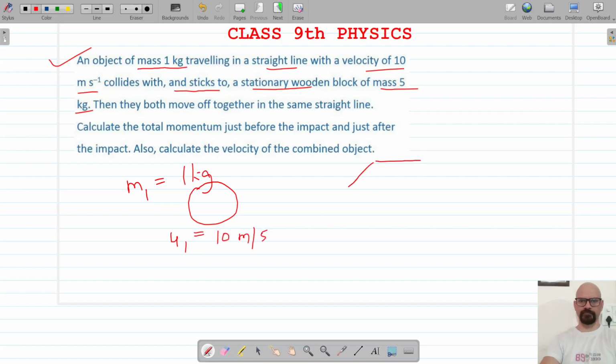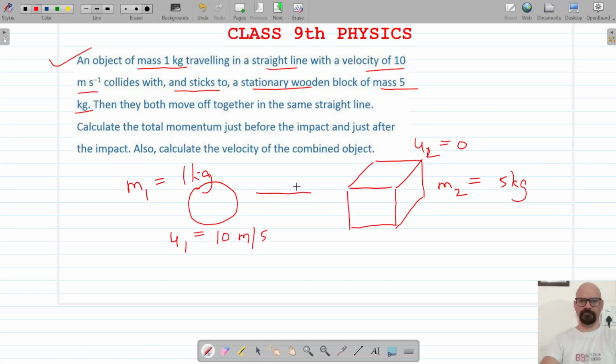And this is the stationary wooden block, its initial velocity is 0, and let m2 be its mass, that is 5 kg.